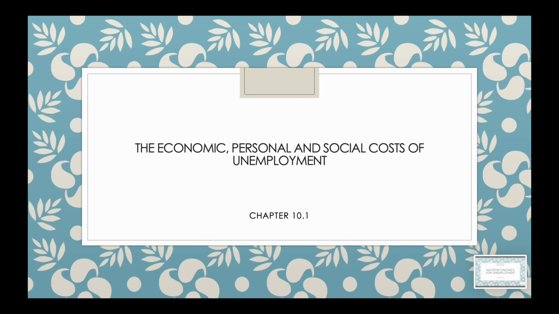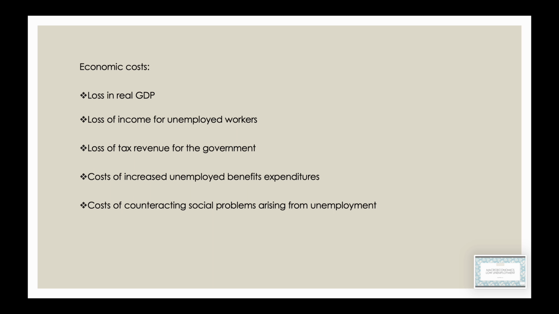So let's talk about the economic, personal, and social costs of unemployment. First, in economic costs, we have a loss in real GDP because we're not fully allocating the resources we can. People being unemployed will mean a loss in GDP because they were employed before, I believe.